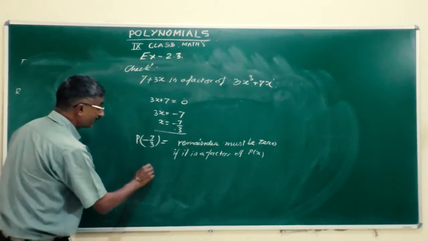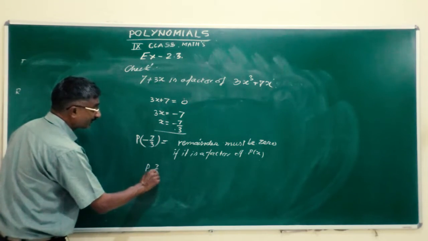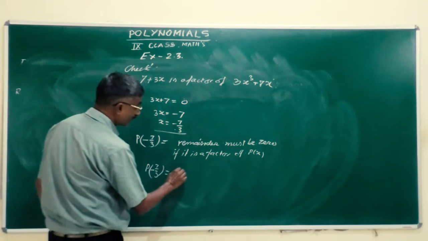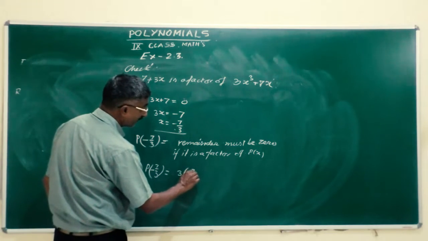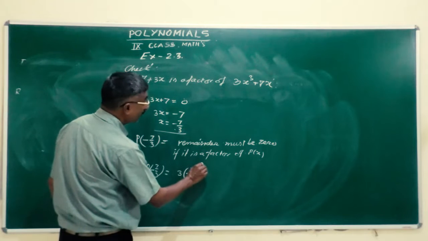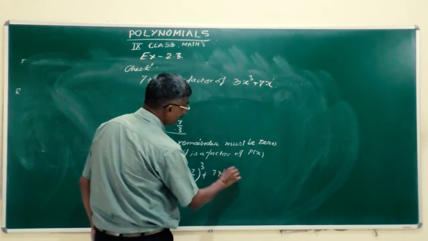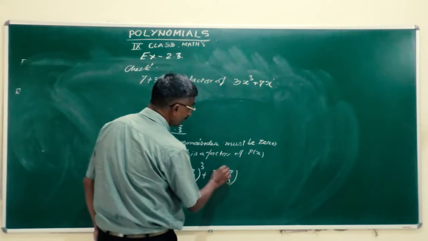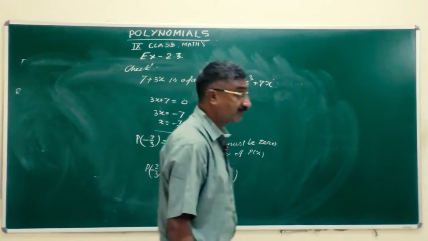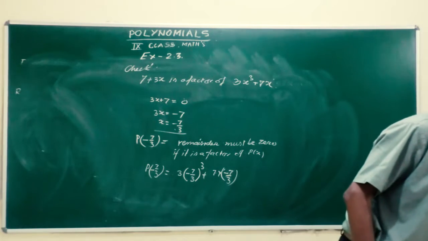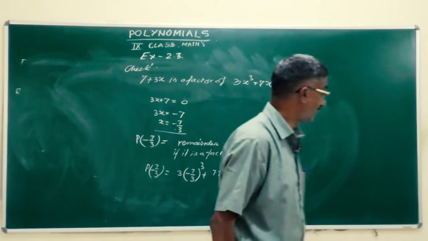So we will substitute the value. P of minus 7 upon 3 is equal to 3 into minus 7 upon 3 whole cube plus 7 into minus 7 upon 3. Whatever I have written, is it correct? Yes, correct.